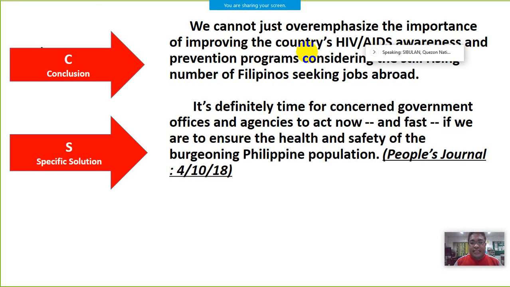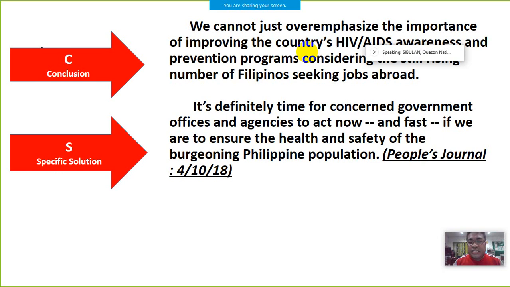So it's definitely a recommendation, at the same time a call for action, calling the concerned government agencies to act now and fast. So it is also connected to the title, Safety First. So that's how we should write an editorial. So the title, the position, the arguments, up to the concluding part should be connected with one another.